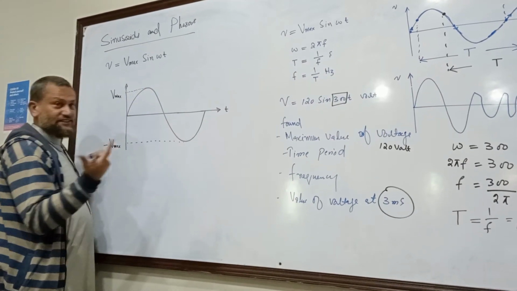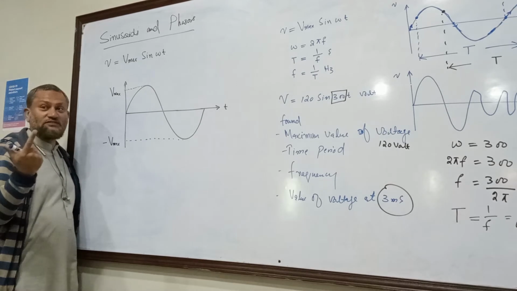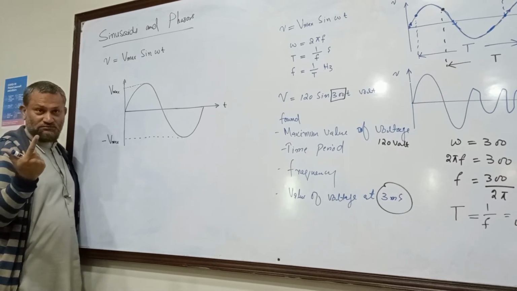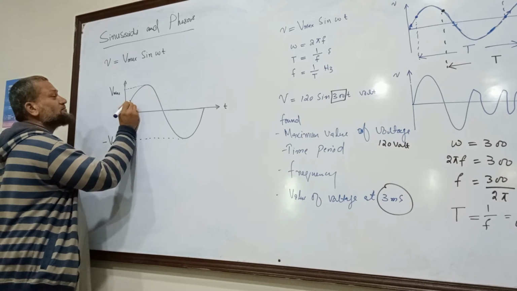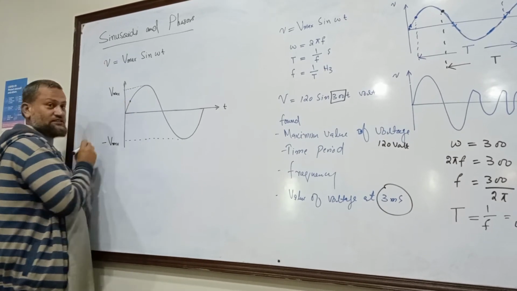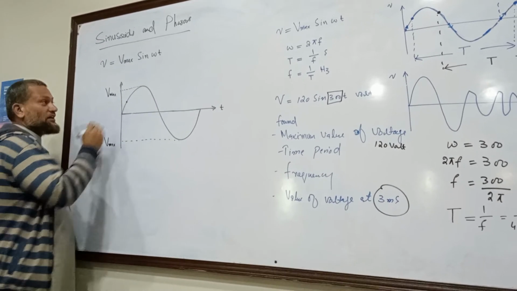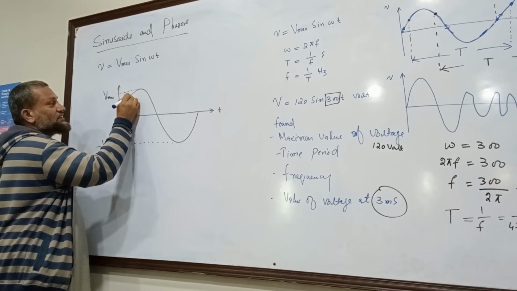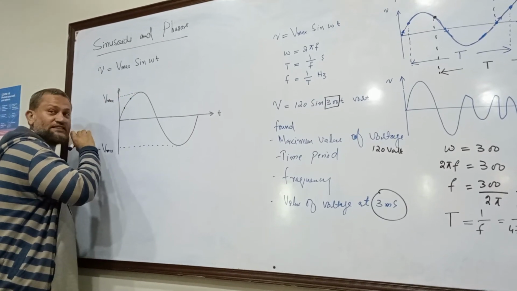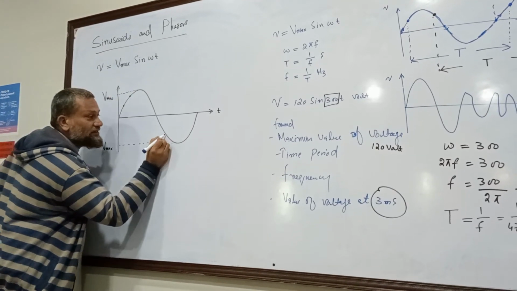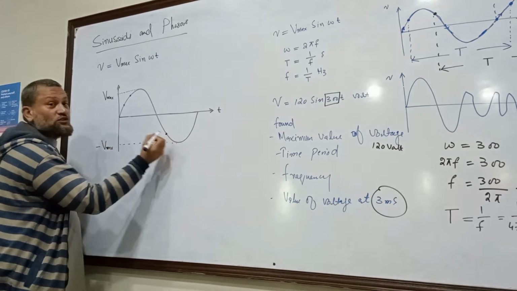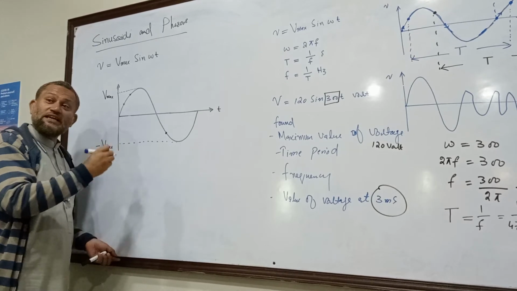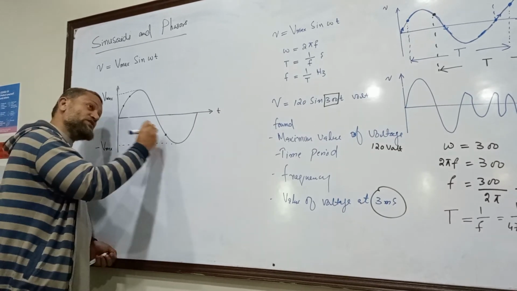So at any instant, when you calculate the value of that voltage, that is called an instantaneous value. For example, this point or this value of voltage will be an instantaneous value of this voltage.